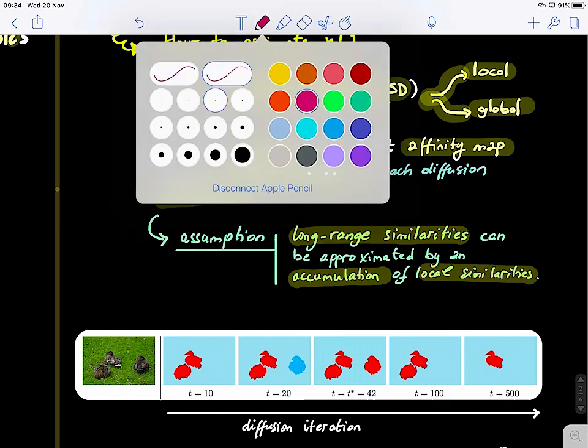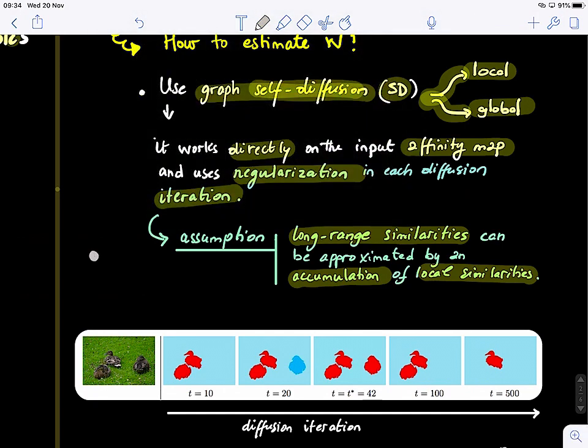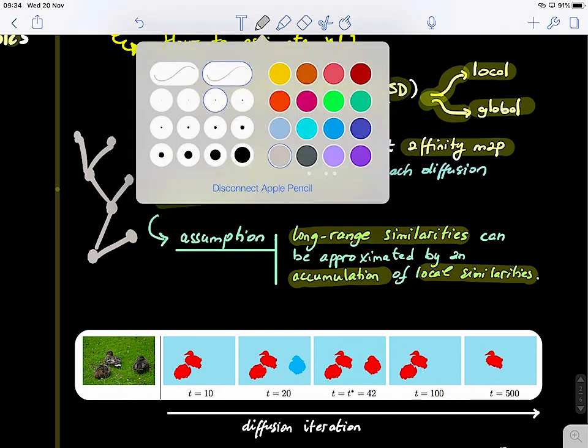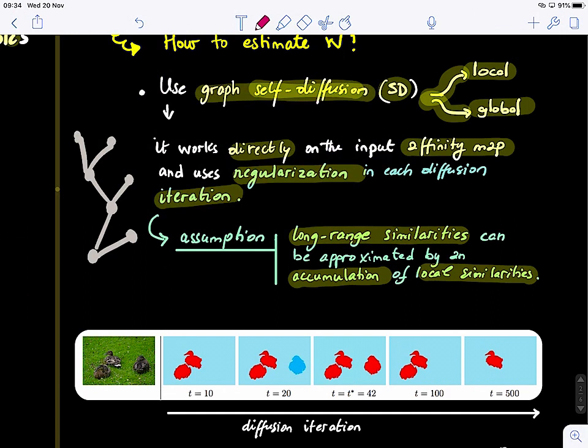So if you start from this point, and then you have one patch, another patch, and many things like that, you start walking along these paths. What you notice is that if you accumulate these local similarities, this edge plus this edge plus this one, you will get what? You'll get a long range similarity between these two nodes. Okay, so this is the key idea.